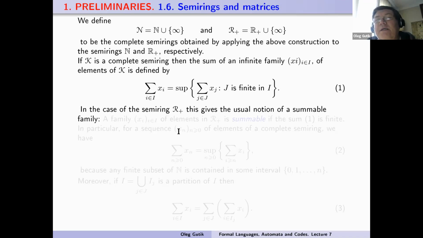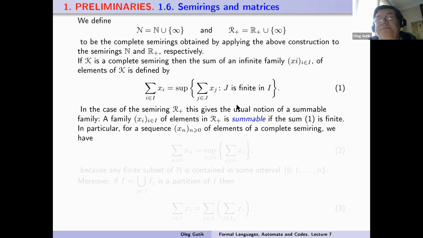And in the case of the semiring italic R plus, this gives the usual notion of summable family: a family x_i of elements of R plus is summable if the sum is finite.